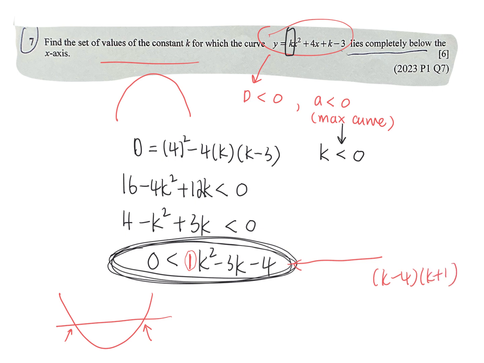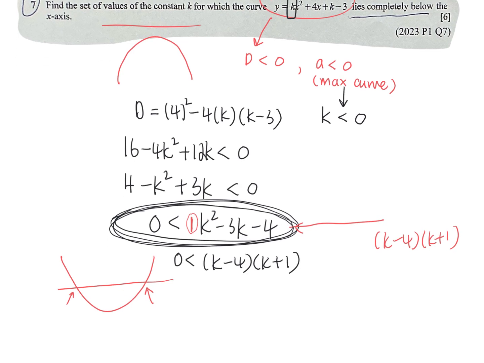Okay, maybe to help you, I factorize first. So my 2 x-intercepts are negative 1 and 4. If I were to write it down, I want the part of the curve that is greater than 0.